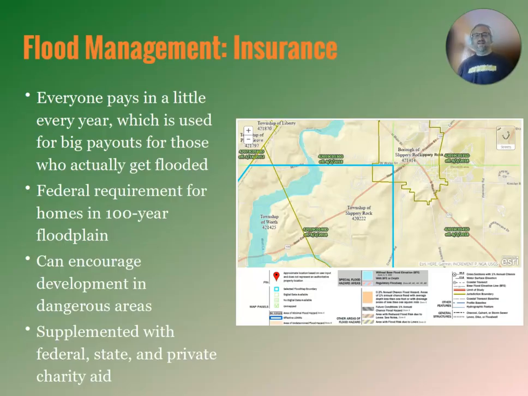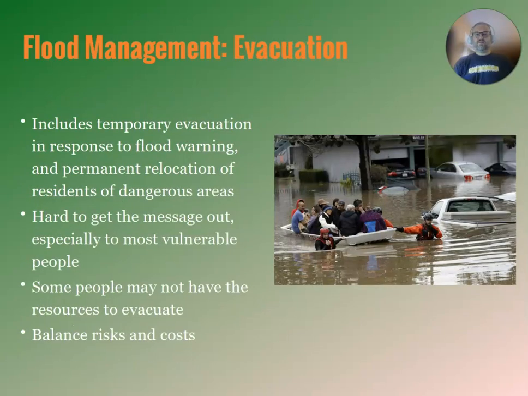It's nice to live right along a river or something, and so it might encourage people to build in areas that are dangerous rather than staying back from the areas likely to flood.